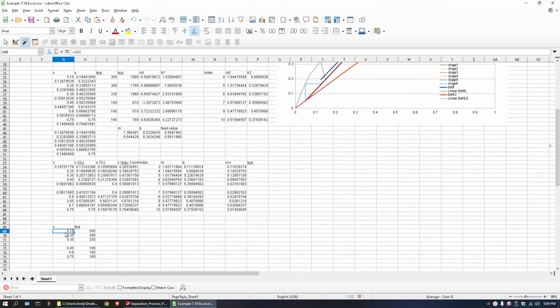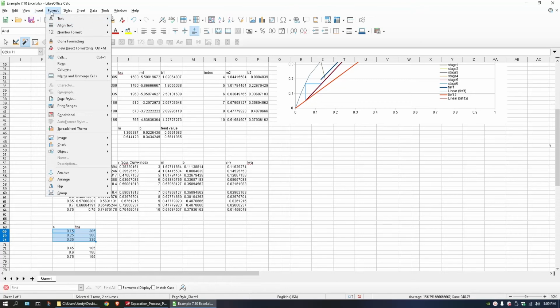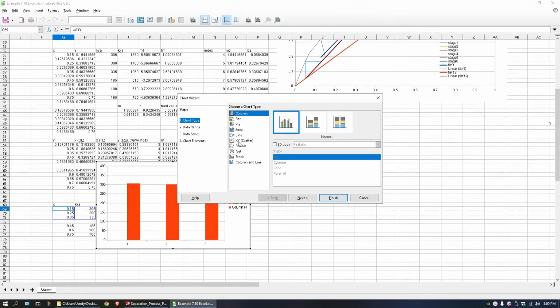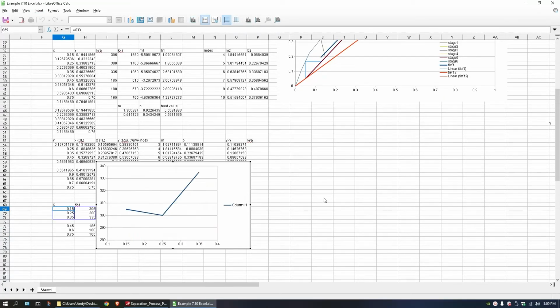So if we take these and plot them, where's the chart? Okay, when I do a scatter plot, just do it like this.